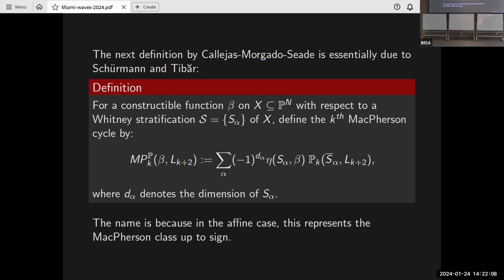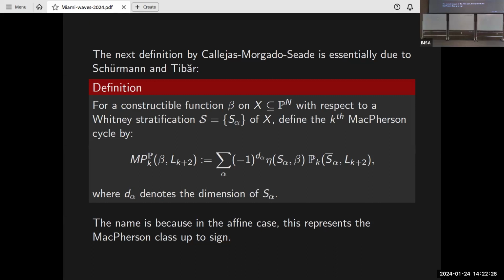They did it in the affine case. We need it in the projective case, so for our projective manifold, you take the cone, one dimension more, you take the definition, and multiply.